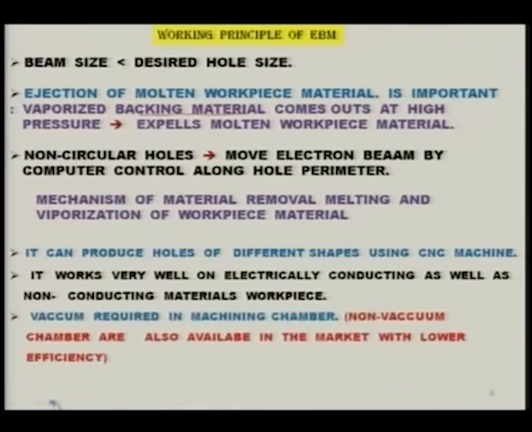But there are certain constraints as far as workpiece material is concerned, which I will show you later on. Vacuum is required in the machine chamber. Non-vacuum chambers are also available in the market with lower efficiency. Please note that the efficiency and productivity of non-vacuum machining chambers is lower compared to vacuum machining chambers. However, the vacuum machining chambers are more expensive.